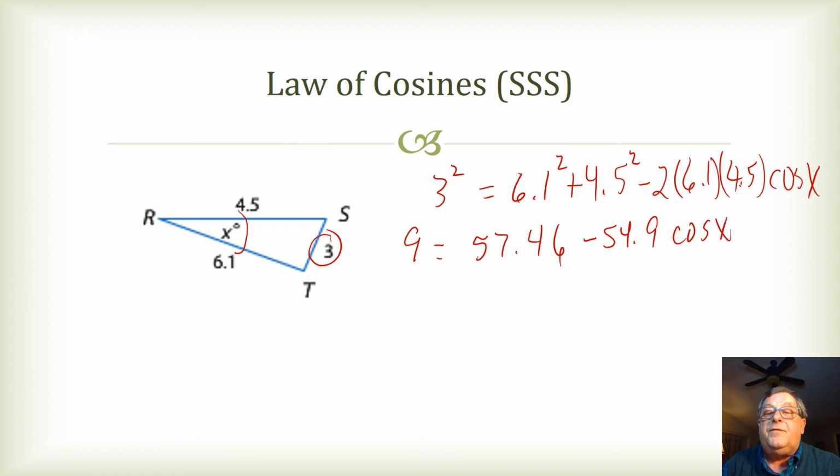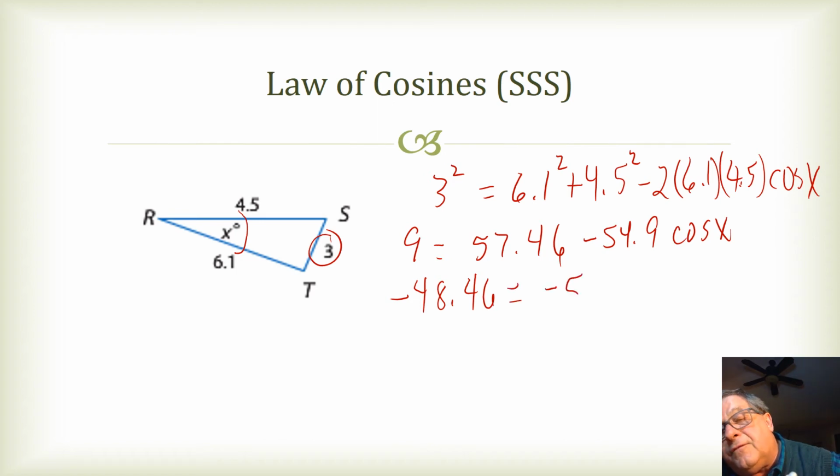Let's subtract 57.46 from both sides. So we have 9 minus 57.46, and that equals negative 48.46. That's now equal to negative 54.9 times the cosine of x.